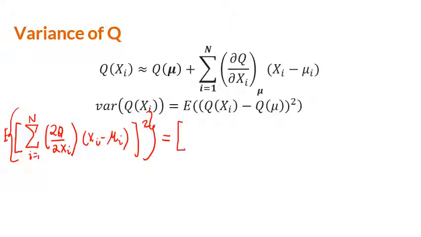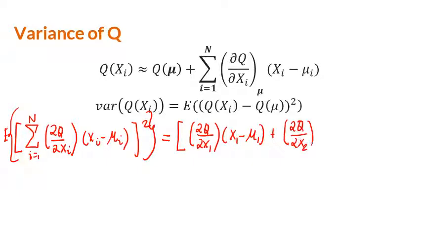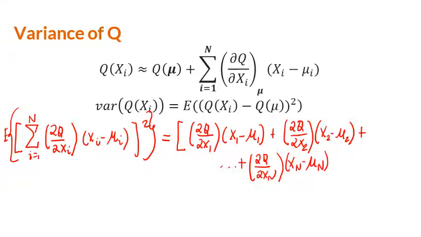So meron tayong partial of q with respect to x1 times x sub 1 minus mu sub 1, tama, plus partial of q with respect to x2 times x sub 2 minus mu 2, plus and so on, plus partial of q with respect to x sub n times x sub n minus mu sub n, and then this whole thing is squared.